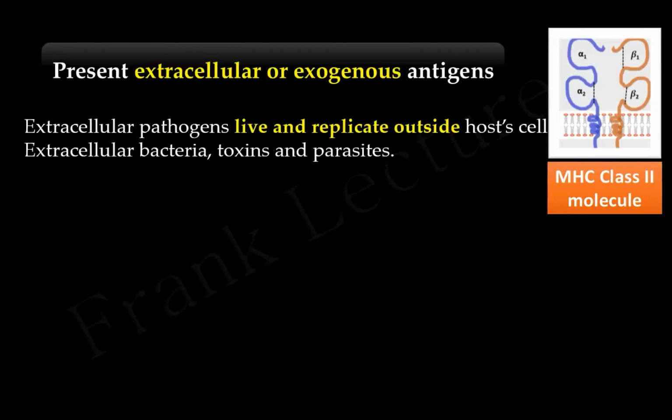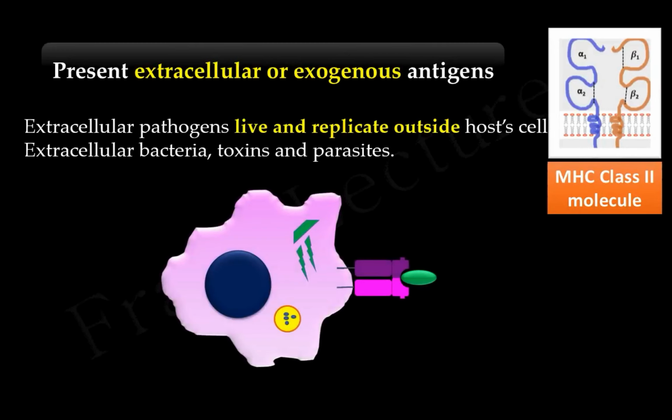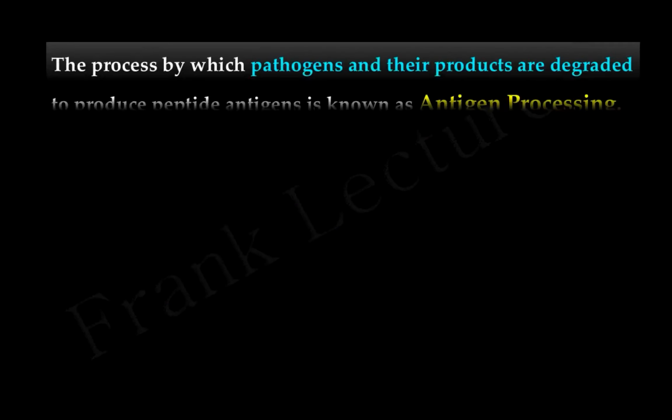We also studied that there are specialized cells known as antigen-presenting cells which internalize extracellular pathogens and break them down into fragments. The peptide fragments of these pathogens are then presented by MHC Class 2 molecules for recognition by T cells.